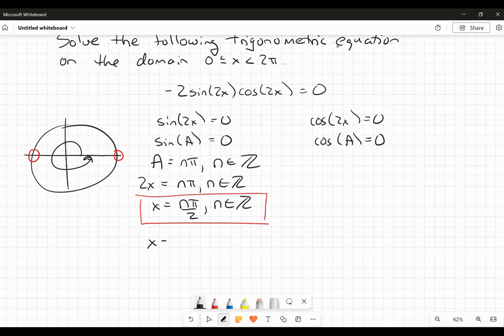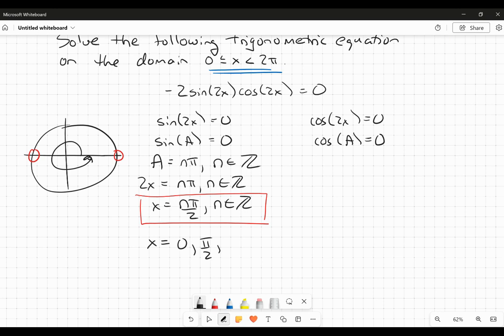Now is when I consider my domain. Well, my domain was 0 to 2 pi. So if I plug 0 in, my first integer there, because I don't want to go into negative angles here, if I plug 0 in for n, I get 0 times pi over 2, and I get 0. If I plug 1 in, I get 1 times pi over 2.